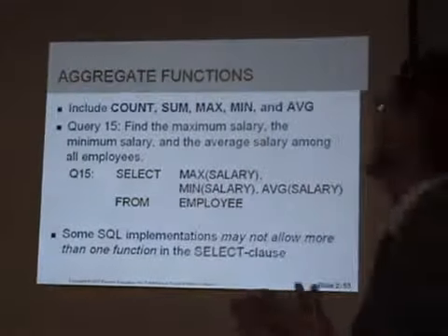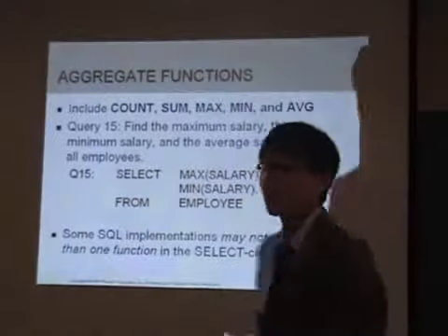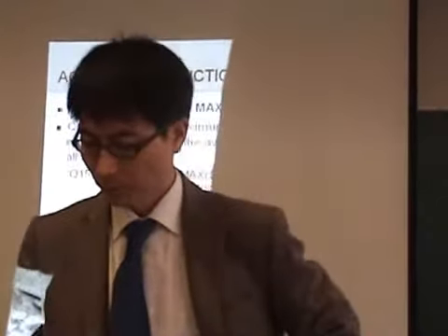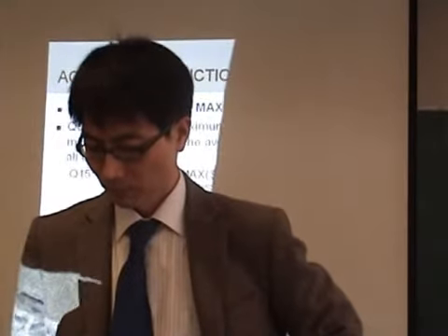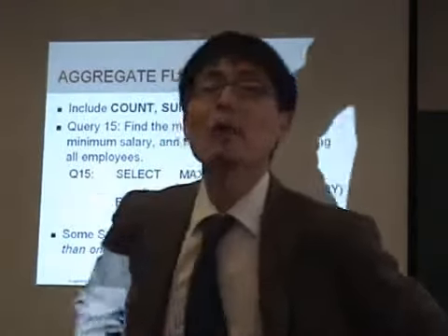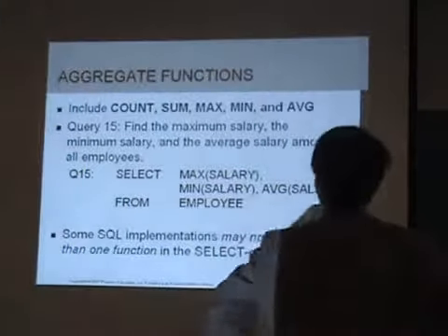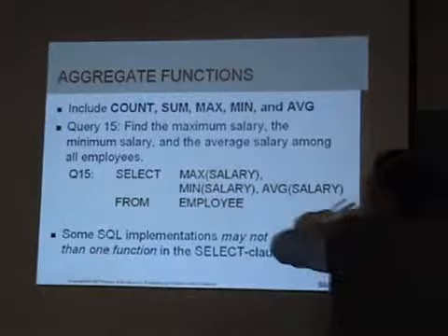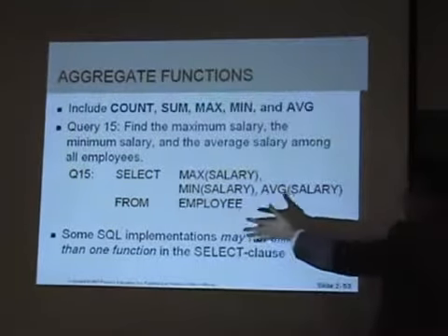Then the next is the aggregate function. What is the aggregate function? Functions that can work on a domain of attribute. So an aggregate function gives statistical data for each group. For example, I'd like to find the maximum salary, minimum salary, and average salary of employees.